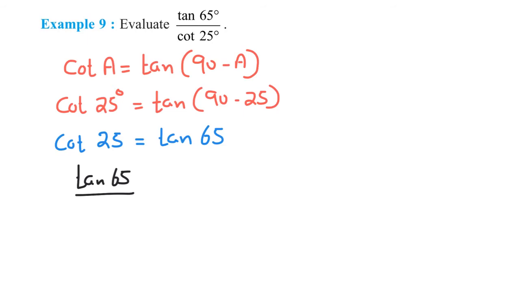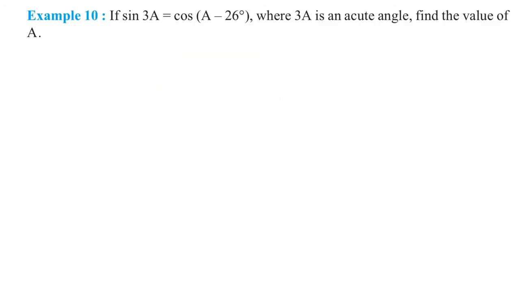We just found that out over here. So, instead of cot 25, can I write tan 65? And both cancel each other, and that's equal to 1. So, the value of tan 65 over cot 25 is equal to 1.